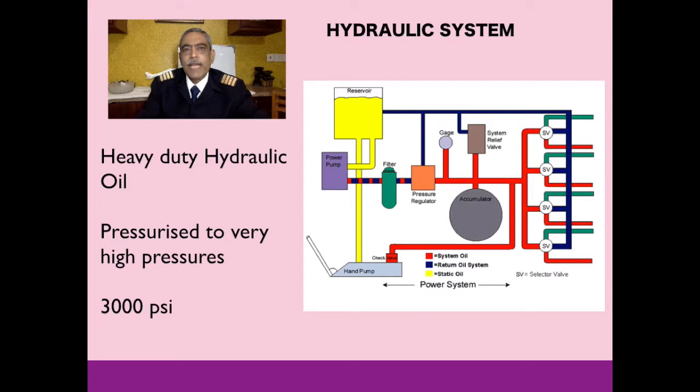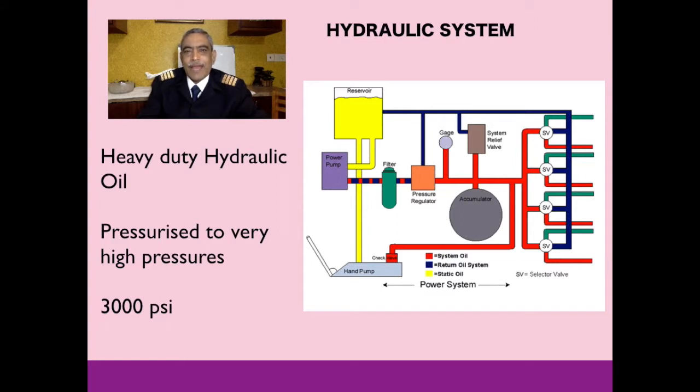These require very high pressure and power because these components are very heavy. So this hydraulic system is incorporated in every jet aircraft to carry out these movements. What are the services that it operates? We will see subsequently.